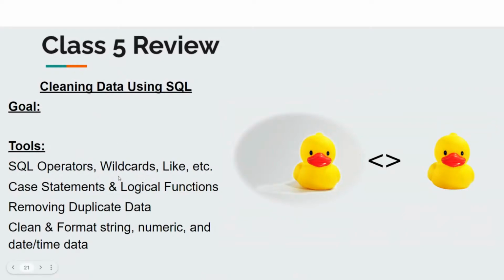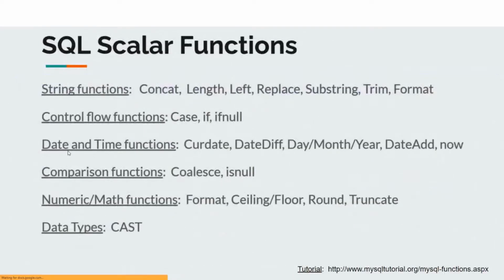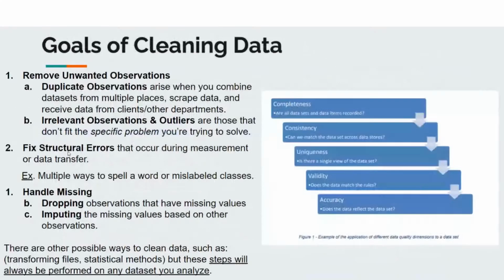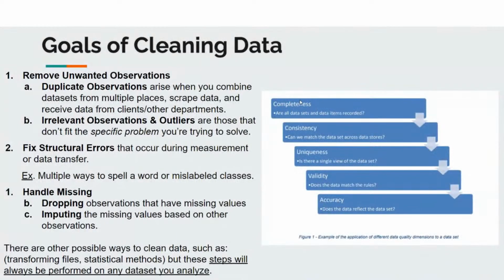So, class 5 review. I have to put the goal in there, but the goal of cleaning all of this up is, like we stated at the beginning, to make the data complete, consistent, unique, valid, and accurate, so you can use that data for analysis for whatever purpose you need.